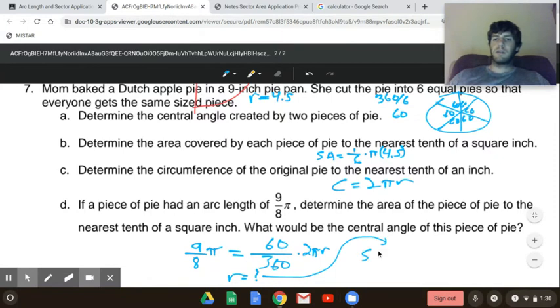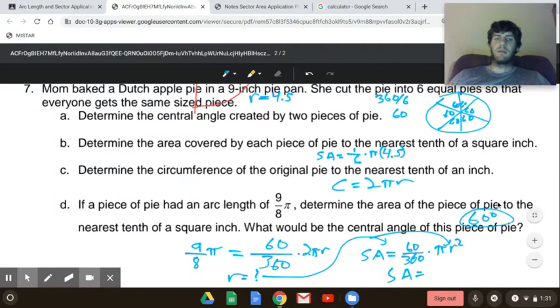Right, so sector area would then be 60/360 times pi, and whatever answer you have there, you would plug in for your radius, and then that would give you your sector area. Right, and then central angle for one piece of pie again would be 60 degrees.